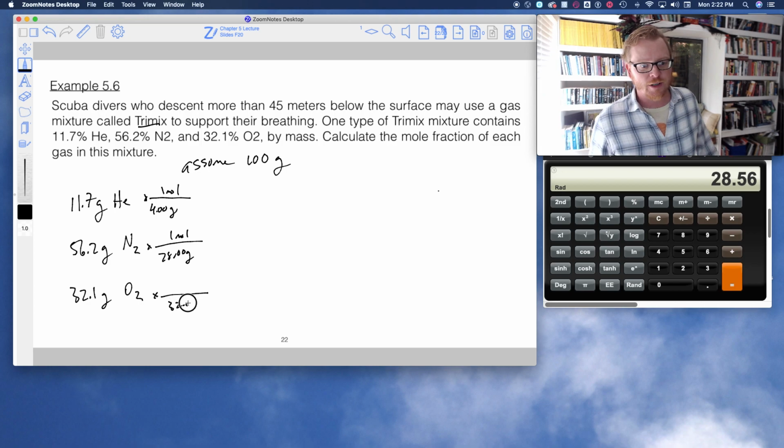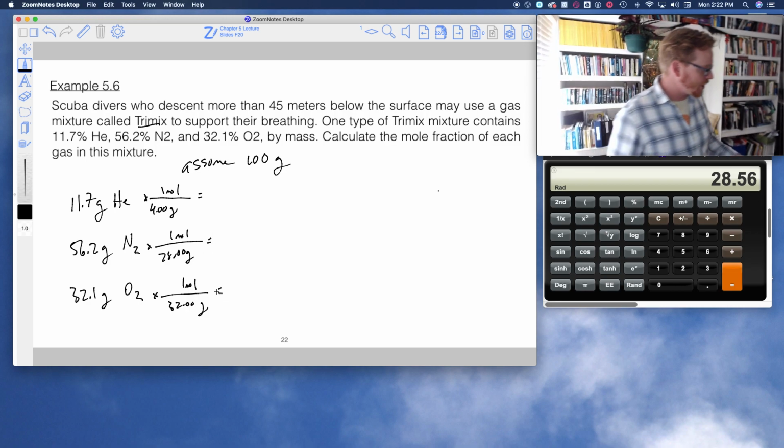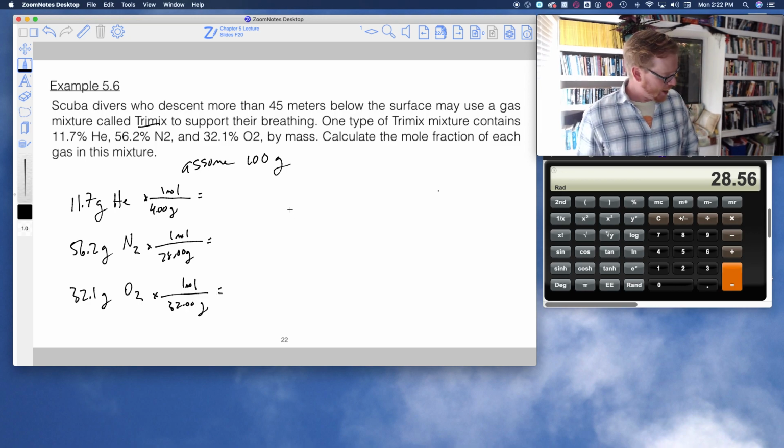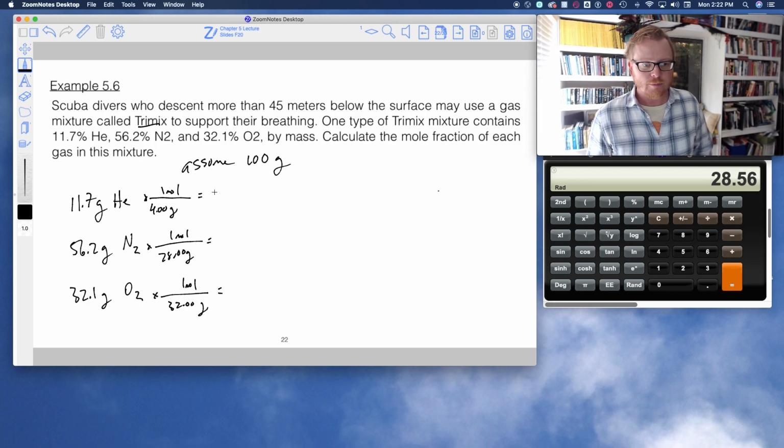And oxygen, 32.00 grams in 1 mole. Okay, I'm going to rely on my cheater notes here to just get this calculation done, but you should verify that it works out. So this becomes 2.92 moles. This becomes 2.01 moles. And this becomes 1.00 mole.